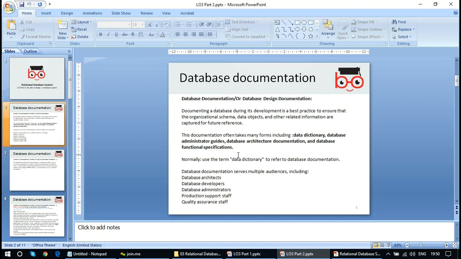Most of the time, have you heard about the data dictionary?